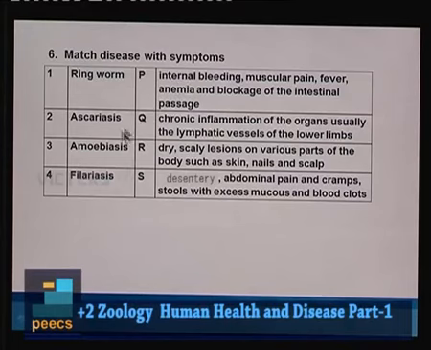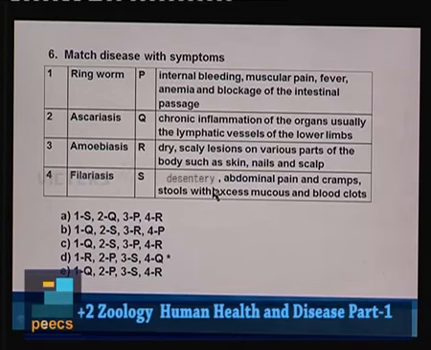Amoebiasis is caused by Entamoeba histolytica and it affects the large intestine. Amoebiasis is also called amoebic dysentery. So, there will be dysentery, abdominal pain and cramps, and stools with excess mucus and blood clots. So, these are the symptoms for amoebiasis.